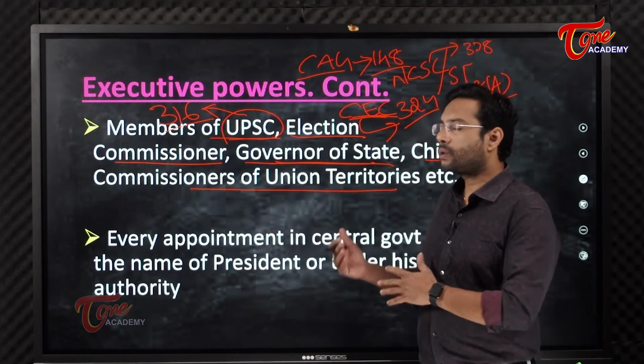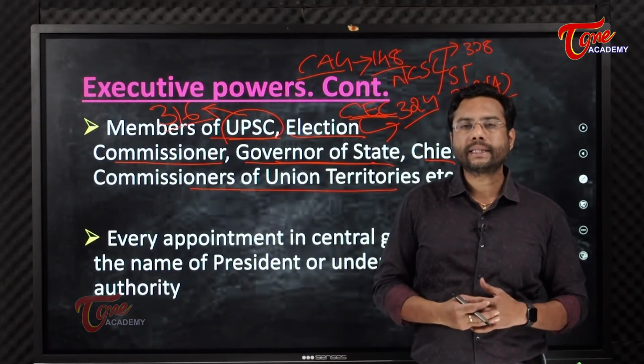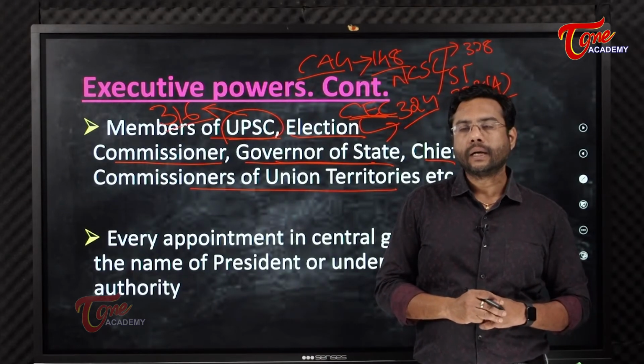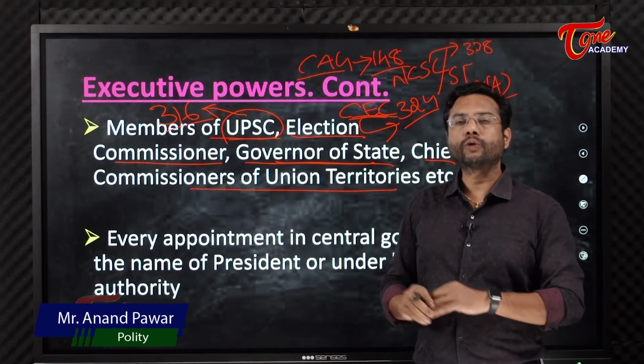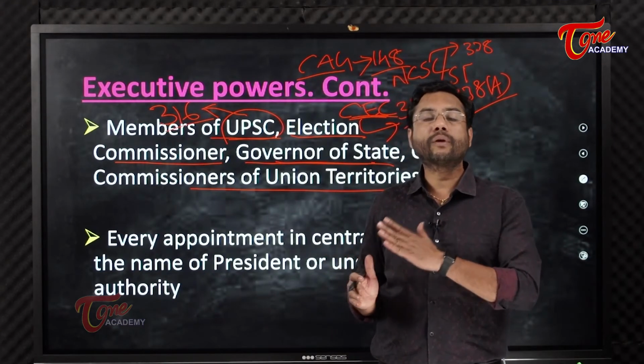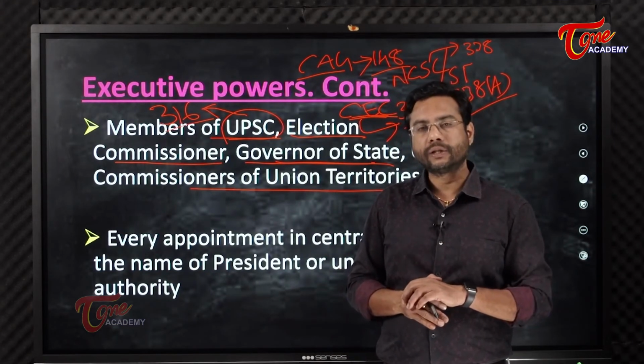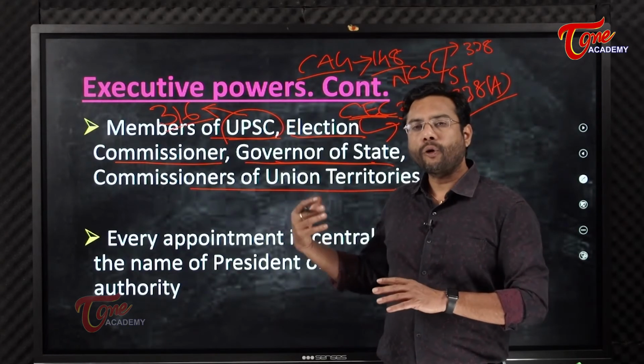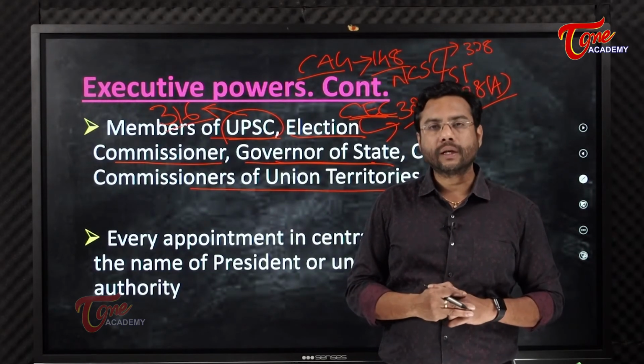This shows how important the executive powers of the President are. The President appoints almost all the dignitaries, and also has the power of removing them by following certain provisions mentioned in the Constitution.